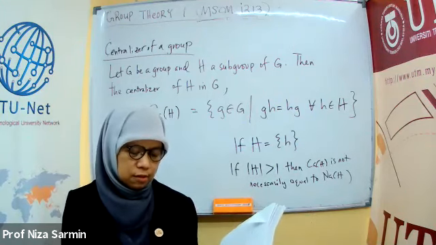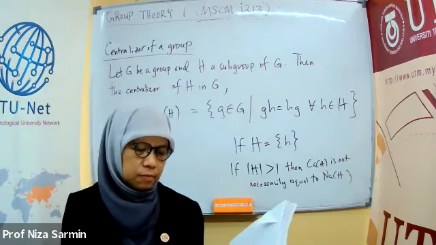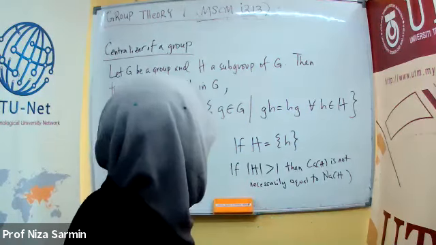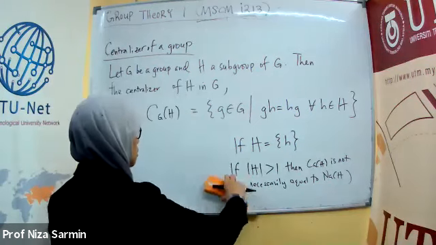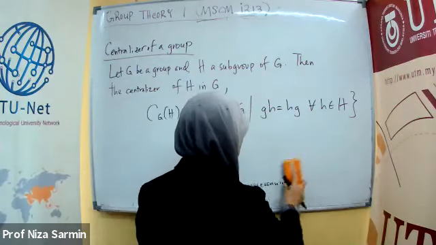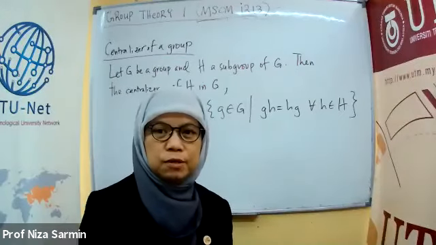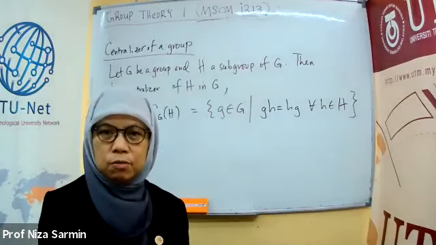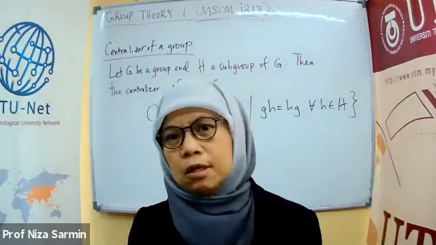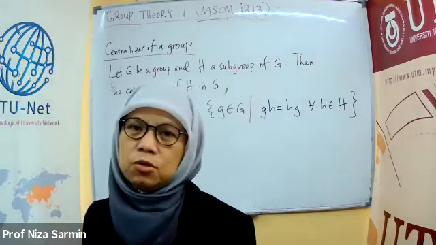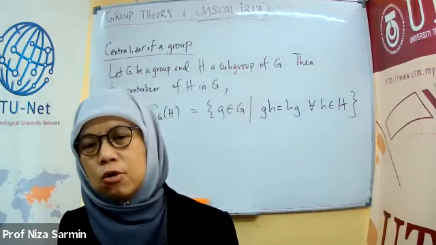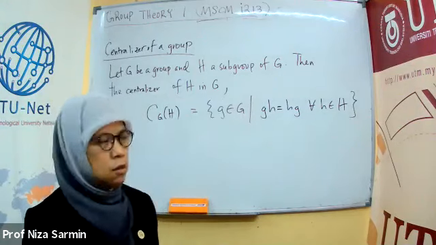The centralizer. Okay, so you can try with an example and see. You have to find a non-abelian group, yeah? Find a non-abelian group. What is good about the smallest non-abelian group is the computation is not that difficult.